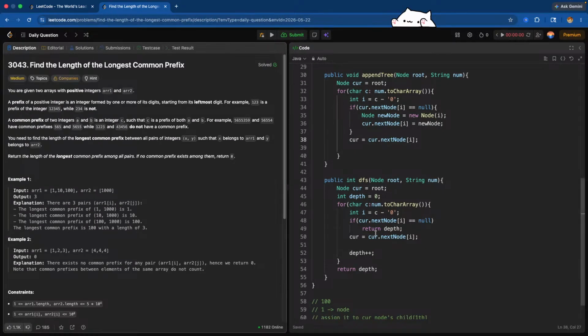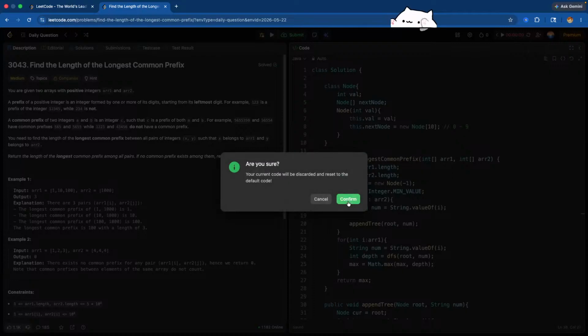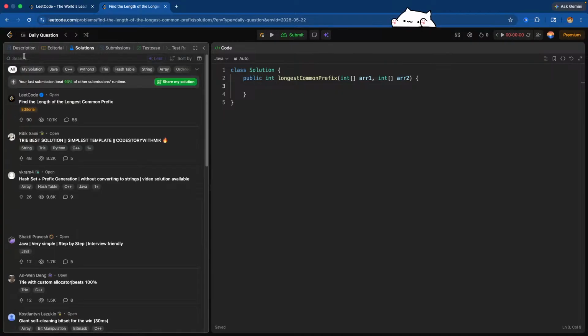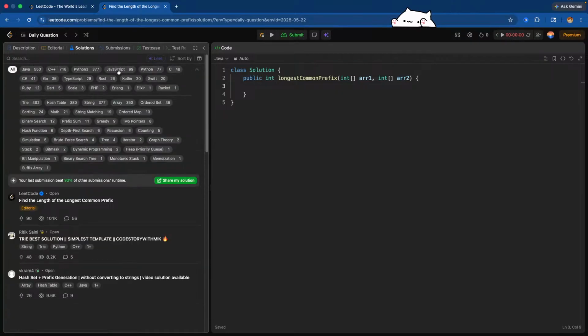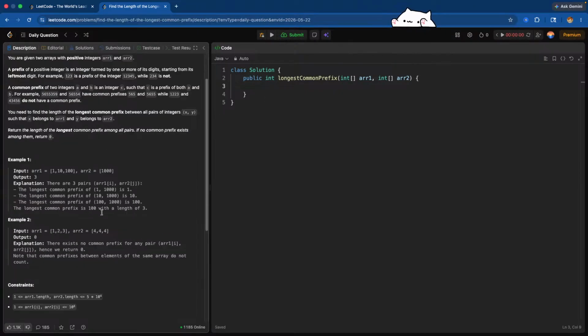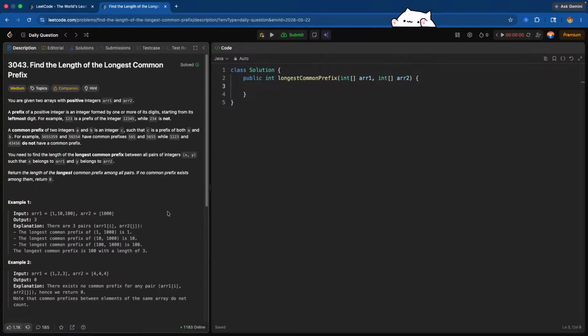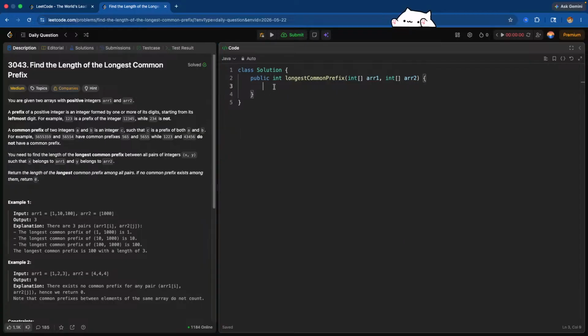Okay, let's just try the hash set approach. Let's just see how much time a hash set solution takes.